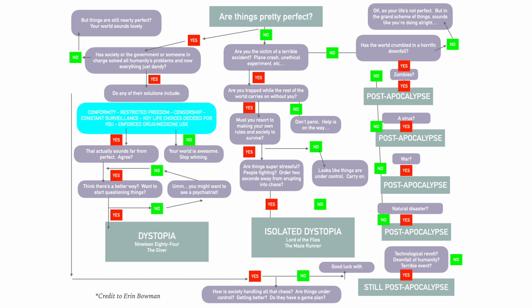Is there a better way? Do you want to start questioning things? If you don't, then perhaps visit a psychiatrist. Or if you do want to resist, then you might be in a dystopia of the same sort as 1984 or The Giver. Orwell's 1984 centres around a regime that completely controls language in order to control thinking. It rewrites history to erase memories, and people are vaporised if they rebel.